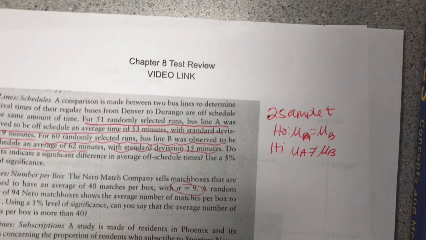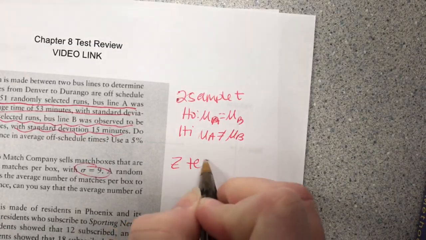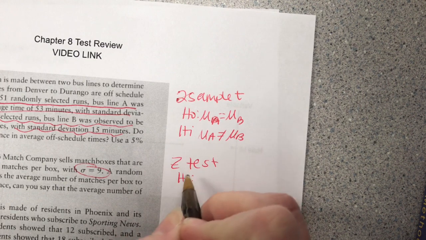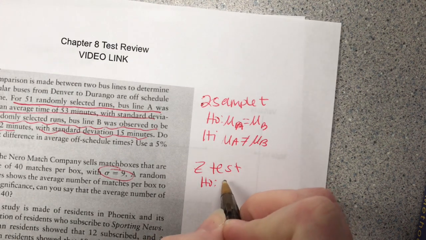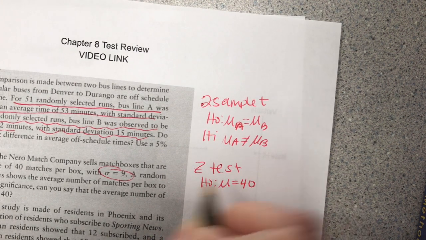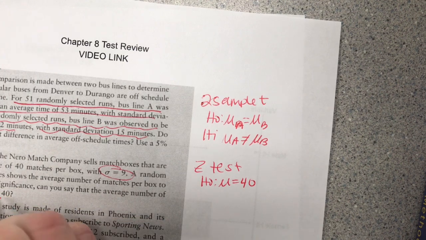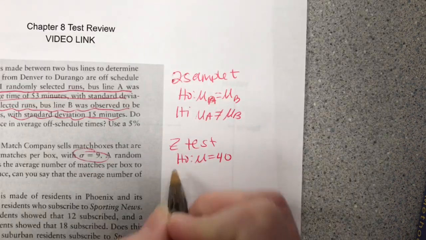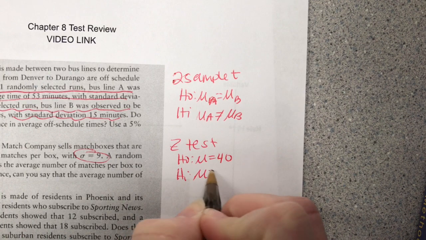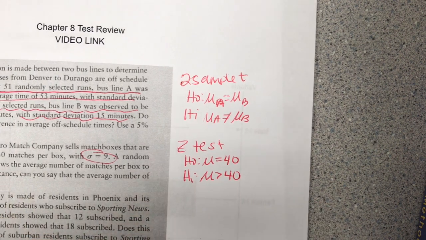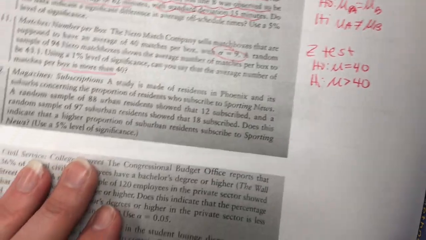So a z-test for number 11. And the null hypothesis is going to be equal to 40. And the question they asked more than 40, so that's pretty easy, more than 40. And again, just type everything in your calculator, okay?